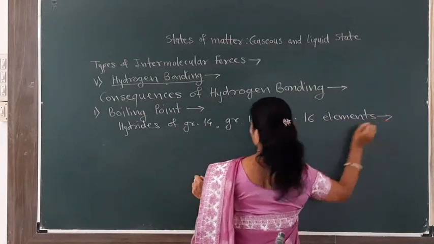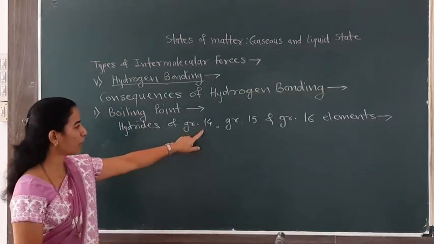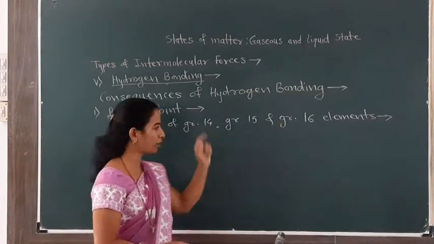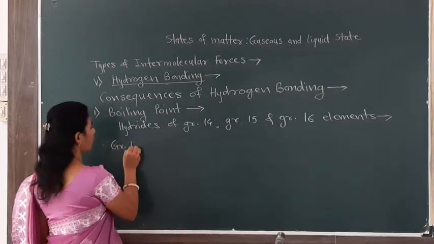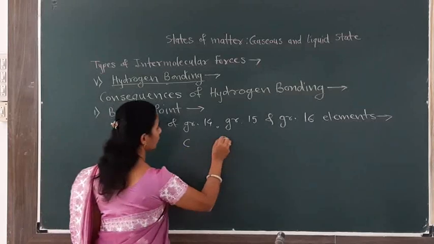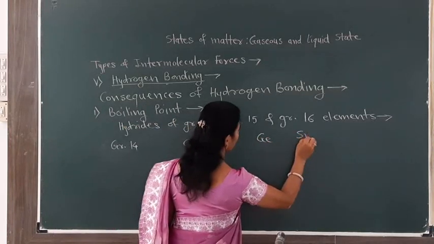Now which elements are of group 14, 15 and 16 you must know. I will show you first the group 14 elements, that is carbon, silicon, germanium and tin.